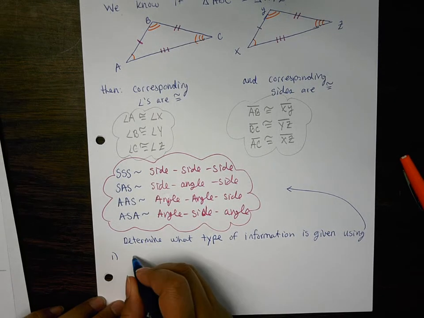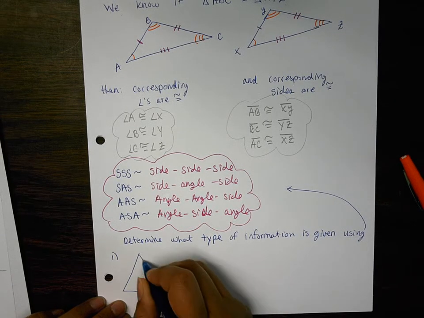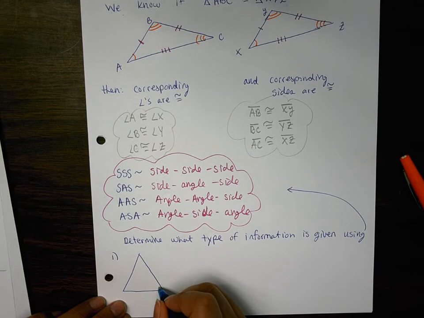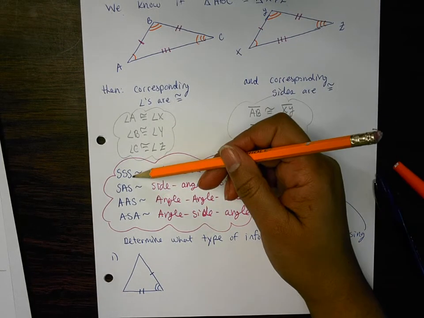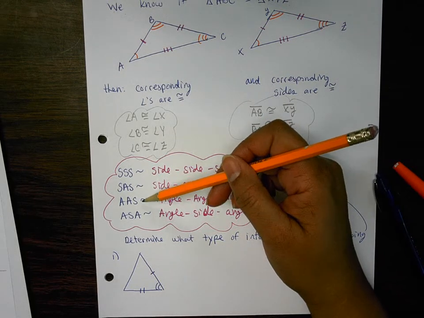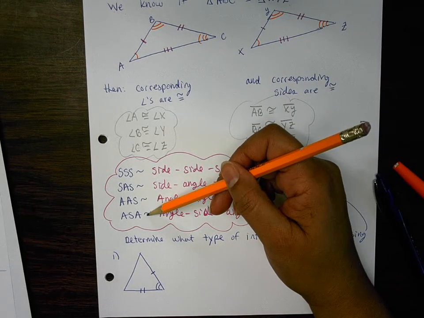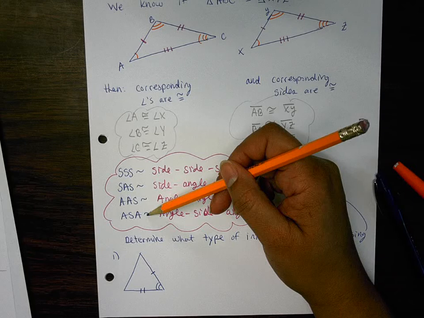All right, number one. If I gave you markings like this, would you say that is side, side, side, side, angle, side, angle, angle, side, or angle, side, angle?